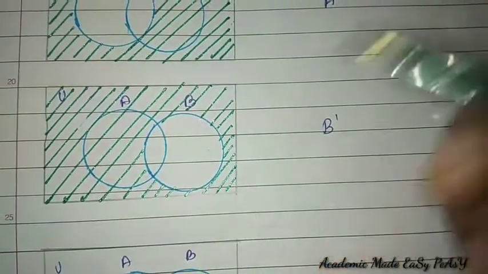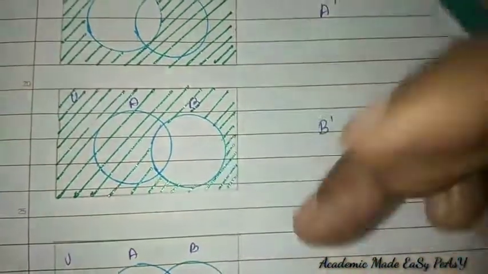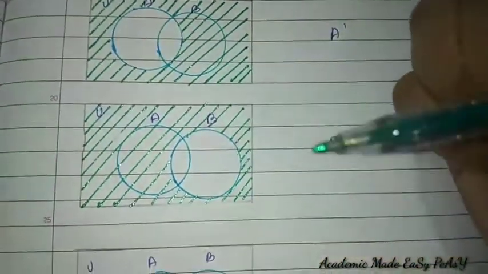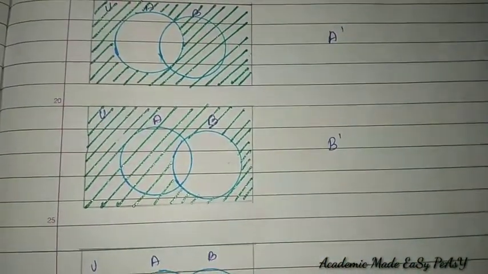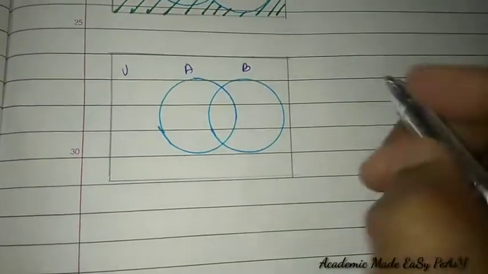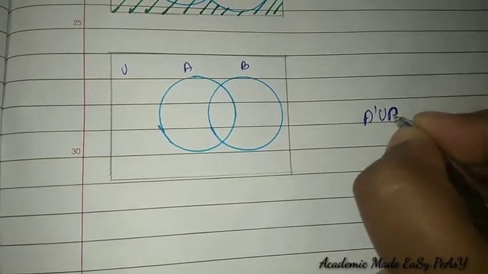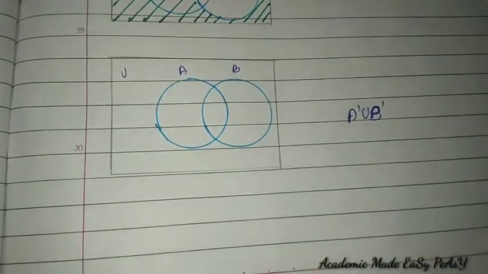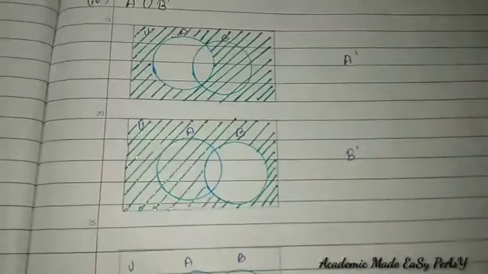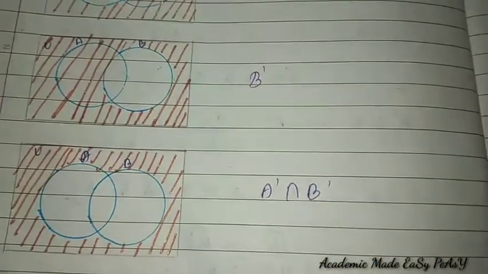We will be shading this way. So this part I have shaded and this part I have shaded. Is that clear? So now I will move on to A dash union B dash. See, for example, when we take A dash, here I did for A dash intersection B dash.